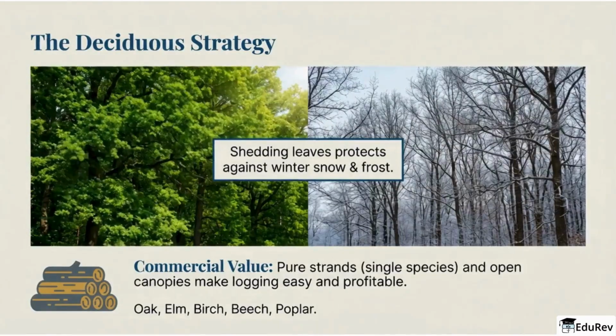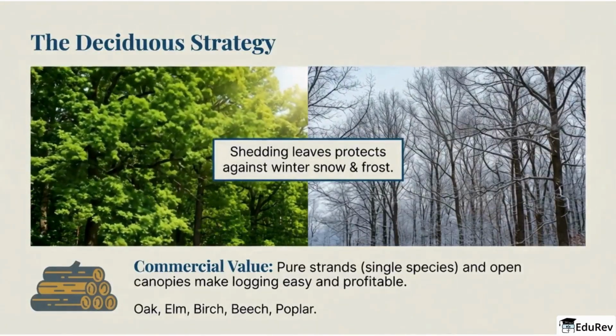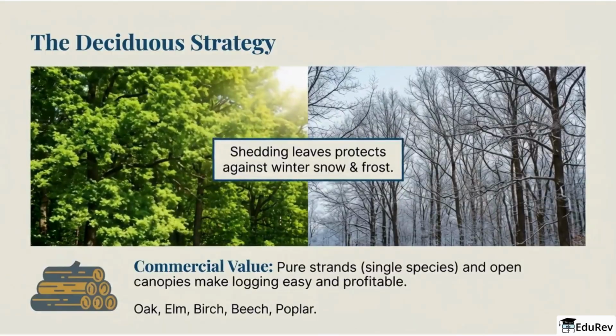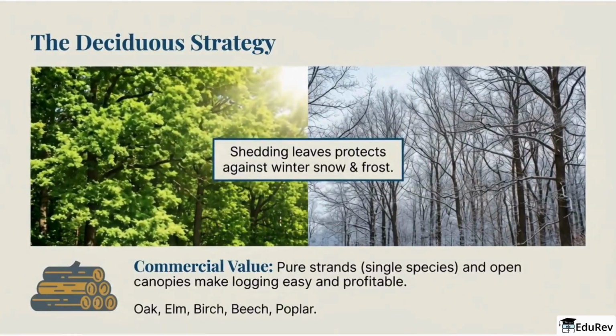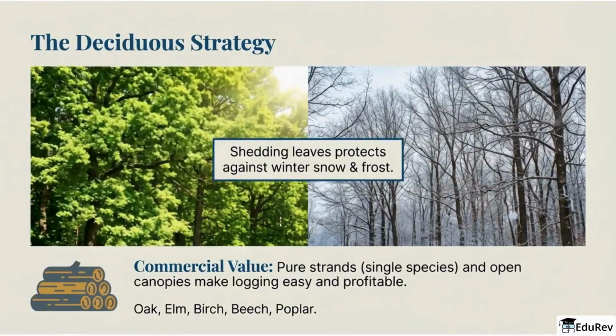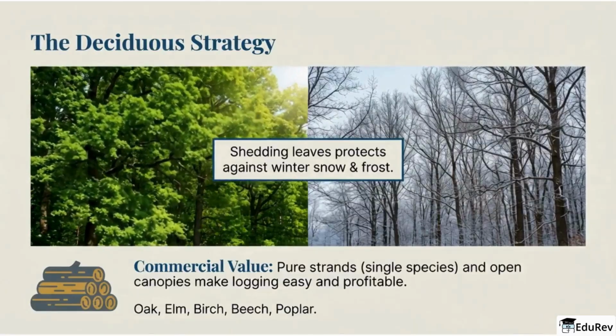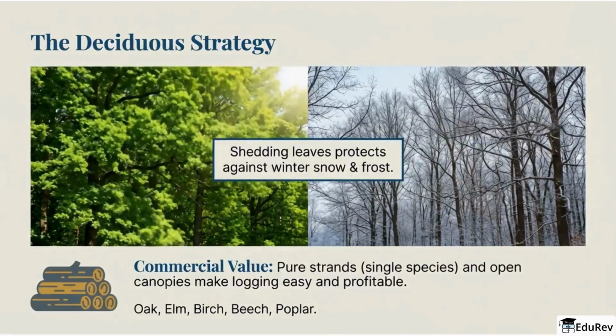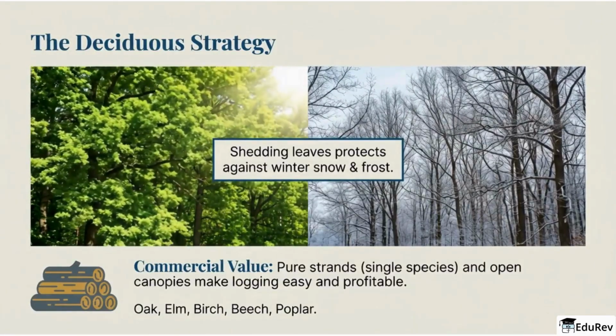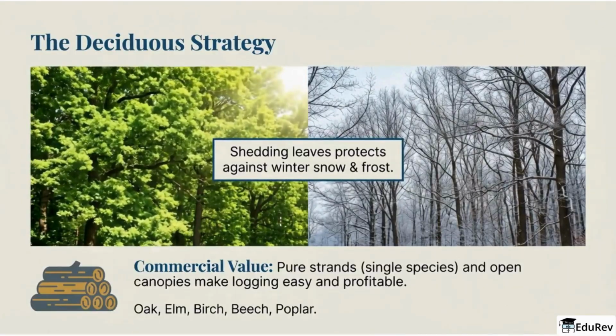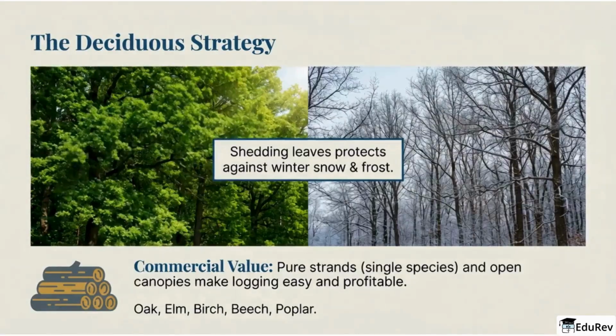And they also tend to have open canopies. That makes logging easier and more profitable. The tree set you should remember here is oak, elm, birch, beech, and poplar. So this is not just natural vegetation. It is commercially valuable vegetation.